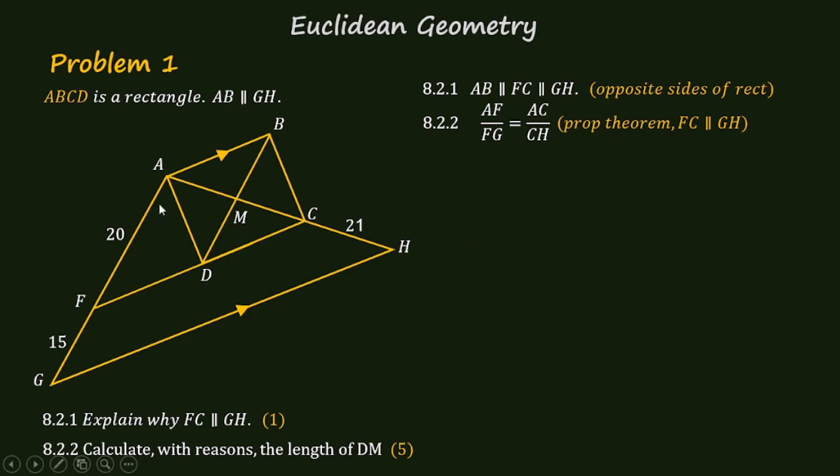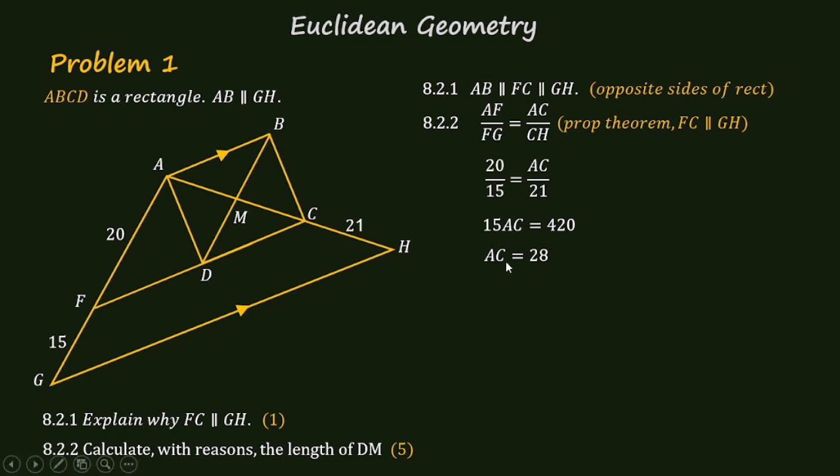In triangle AGH, using the proportion theorem, AF is given to us as 20. We have FG given to us as 15. We don't have AC, but we do have CH. So we have all the other three except the AC, and it is AC that we're looking for. So we can substitute and find the length of AC as 28 units.